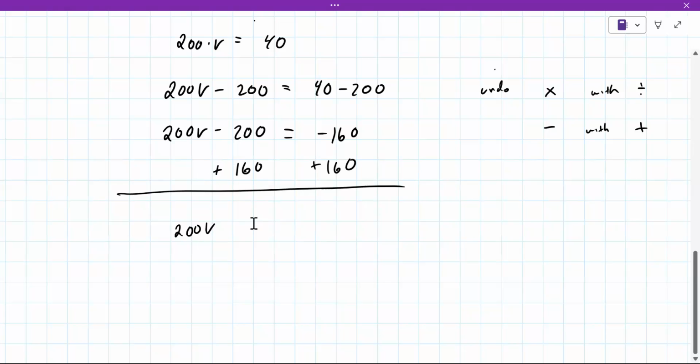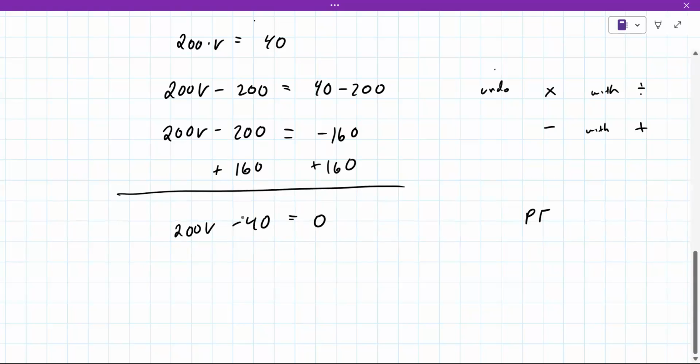Okay, let me just do this. Negative 40. Okay. Now our goal is to get V by itself. So how can we get V by itself? Should we undo multiplication or subtraction?